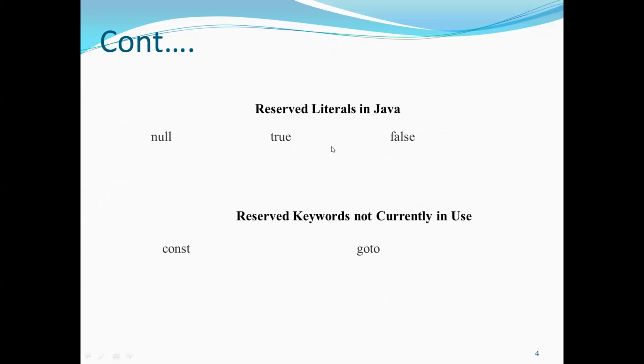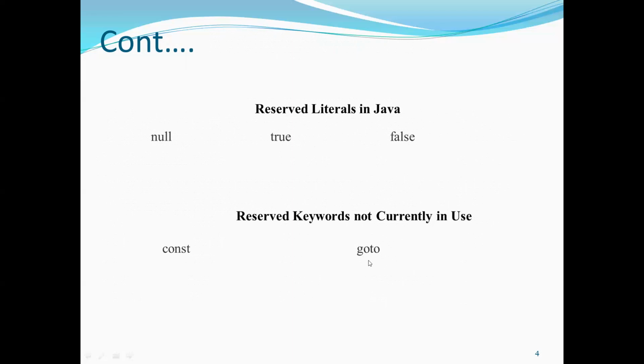As you know, Java takes over keywords that are reserved in C and C++. So Java has also reserved the keywords const and goto, but these reserved keywords are not currently in use. Just remember this point.